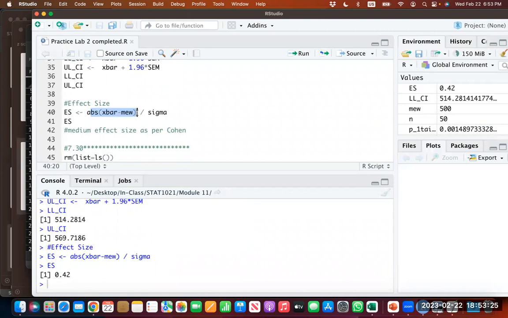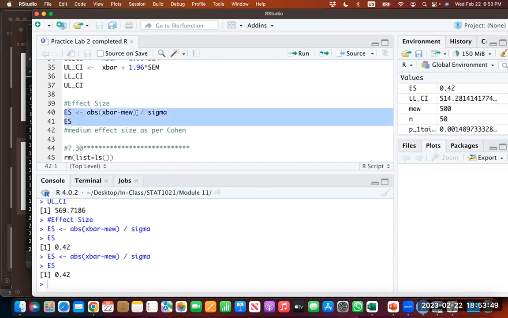So it's the difference between x bar and mu divided by sigma instead of the standard error of the mean. By doing that, we're basically taking out the effect of the sample size that will, quote unquote, artificially lower your estimate of the variability of the sample means. So this is basically how you do the same exercise in R and gets you to the effect size.